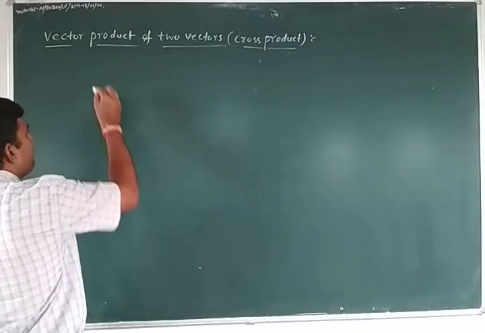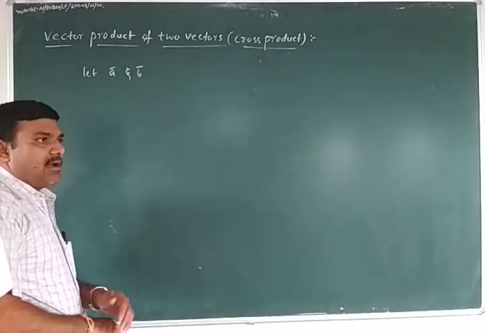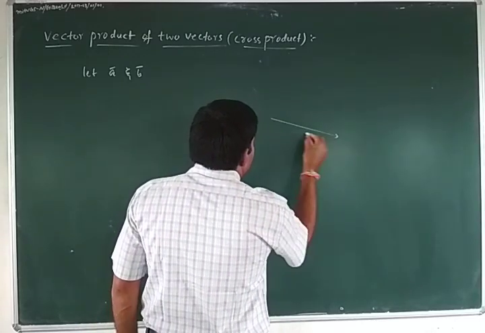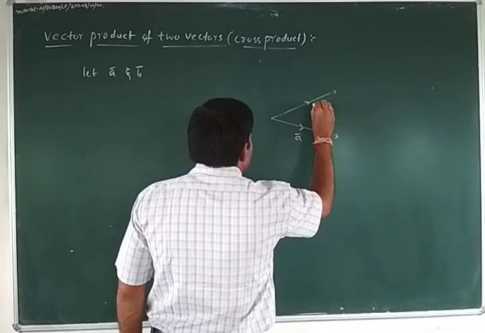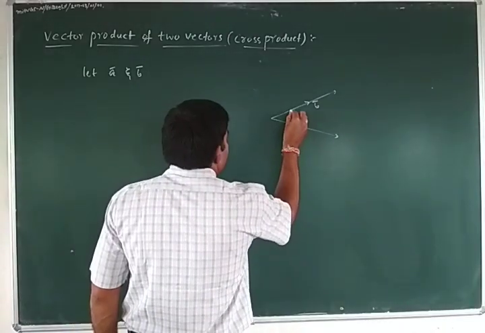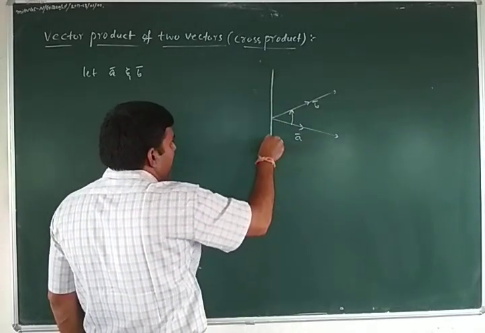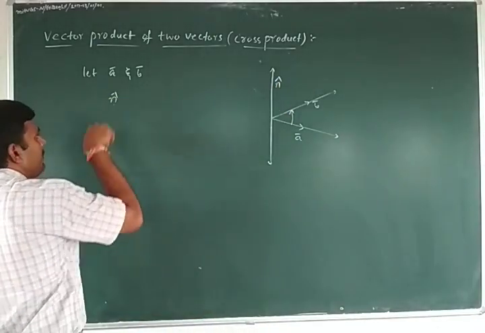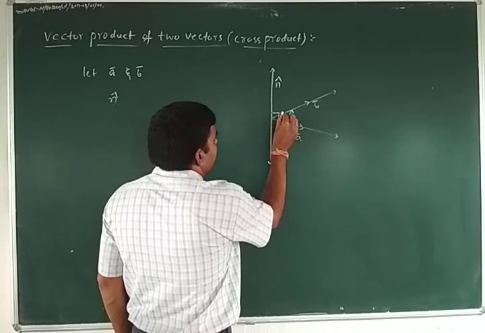Suppose A bar and B bar are two vectors in a space, and n cap is perpendicular to both A bar and B bar.